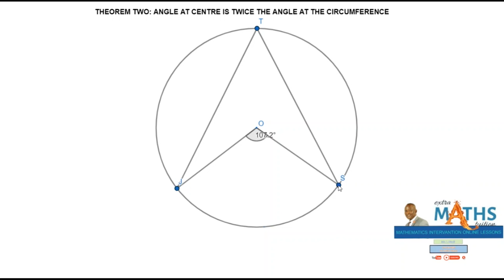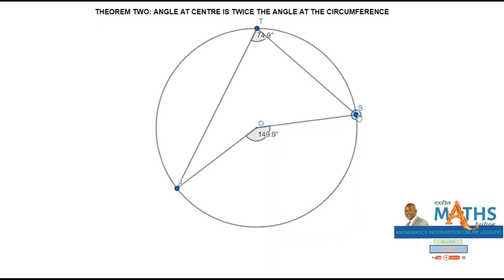It gives us 107.2 degrees. Let us also measure the angle that is subtended at the circumference. It gives us 53.6 degrees. What can you tell me? This angle is twice the angle at the circumference. Okay. Let us check when we adjust this angle.